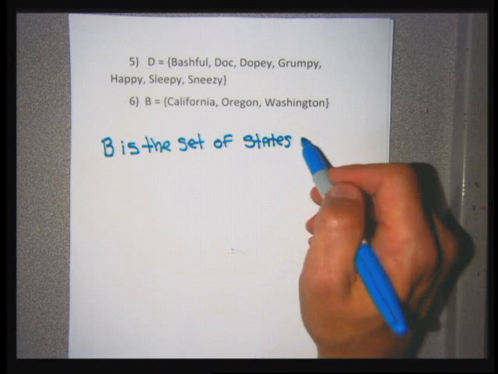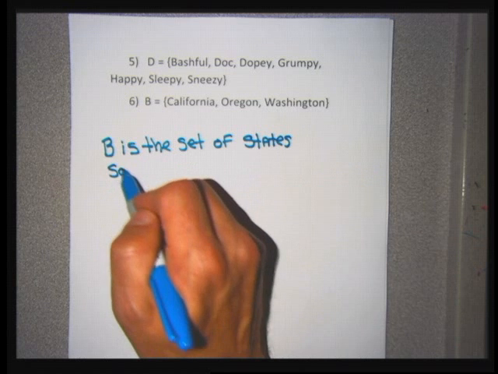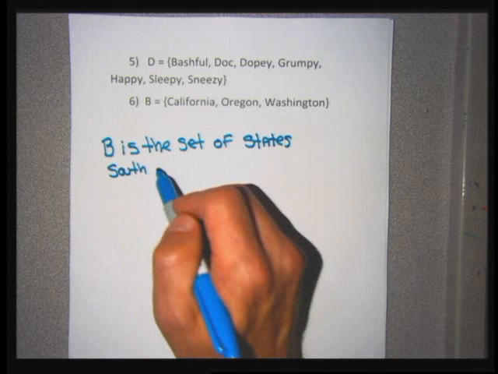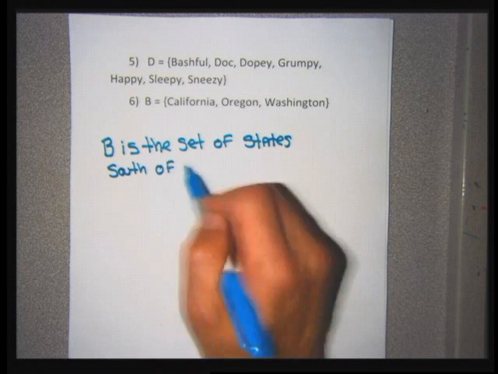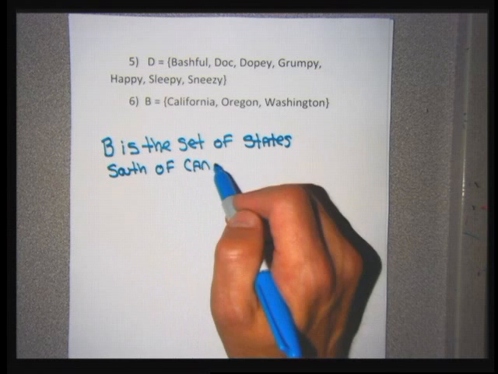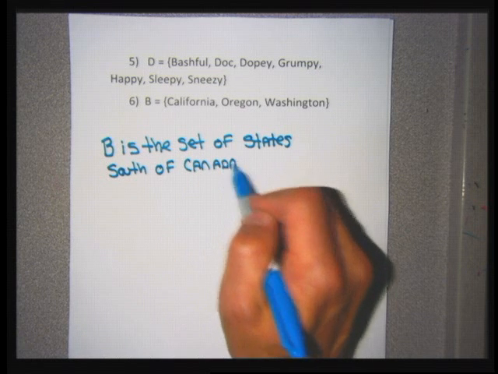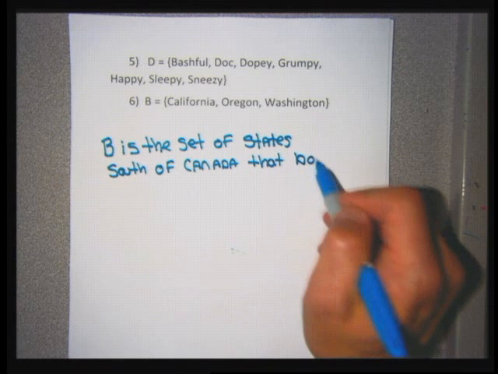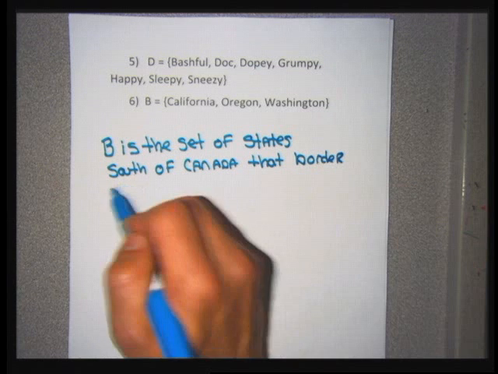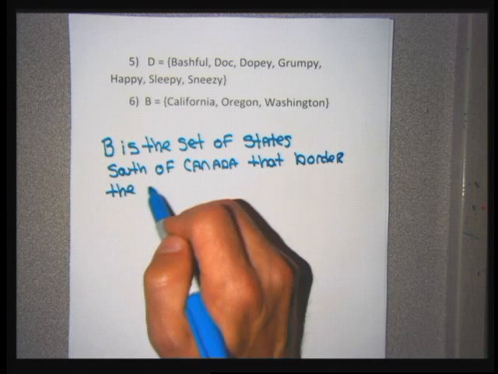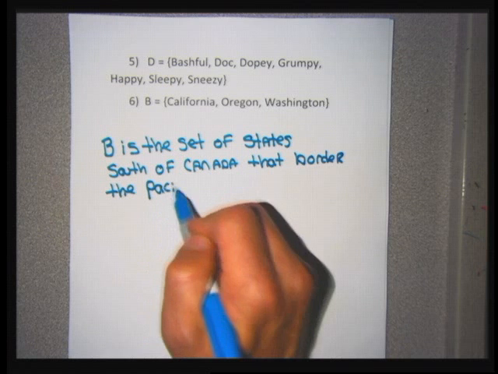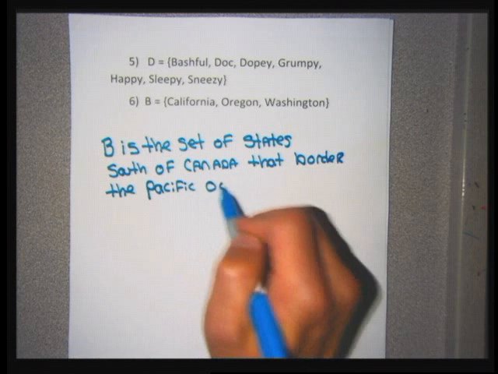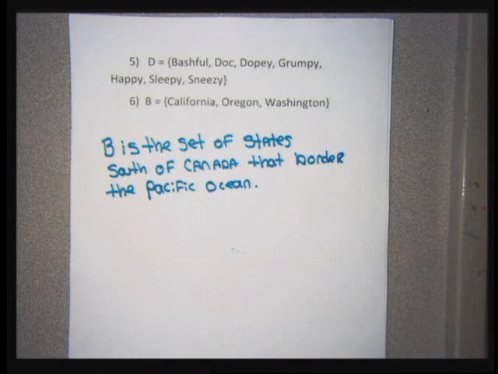So states south of Canada, deleting Alaska, and making up for my inability to spell continental this morning, that border the Pacific Ocean. I think that's reasonable. At least I'm pretty sure that only includes California, Oregon, and Washington.